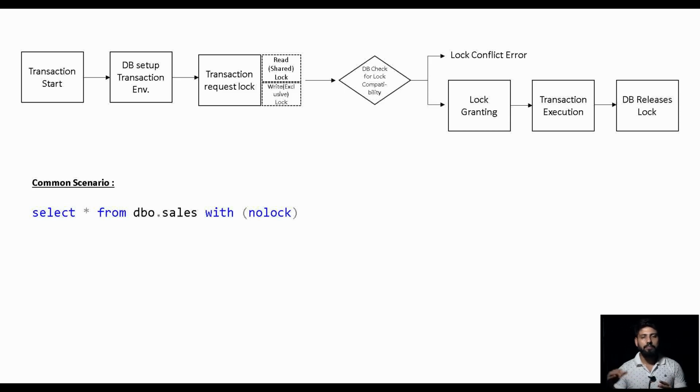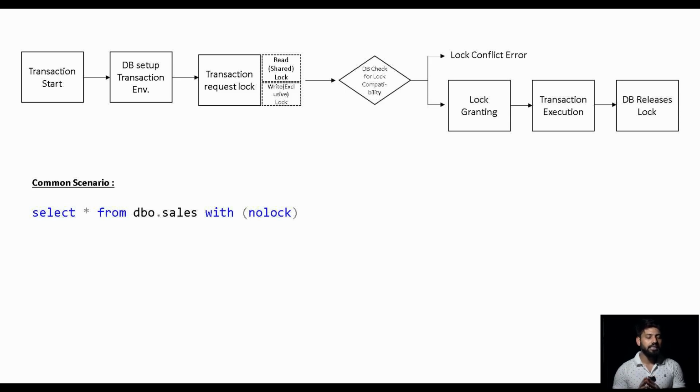If there are multiple users, multiple transaction environments will be set up by that DB. After that, we have the transaction request lock. So if in our code, within that particular transaction, we are locking that transaction, then obviously it will not end up with any conflict.